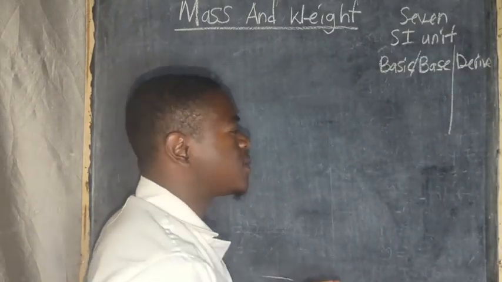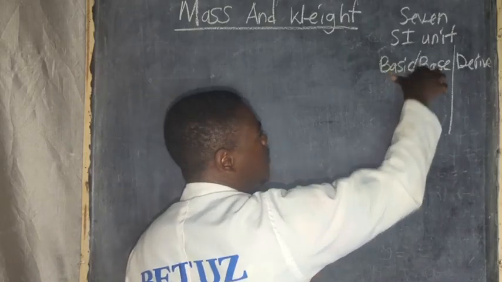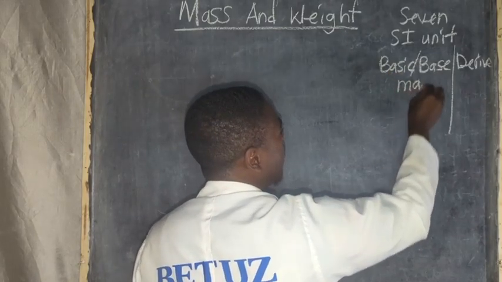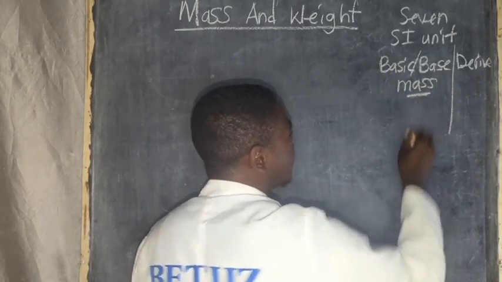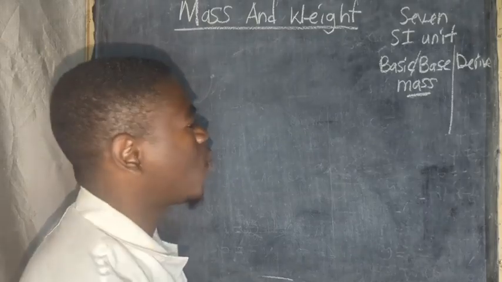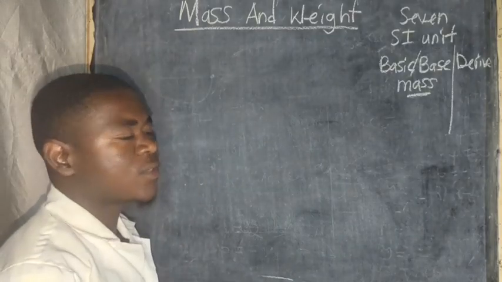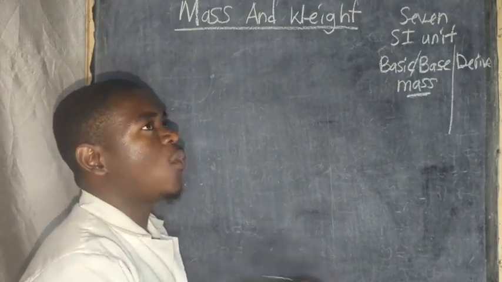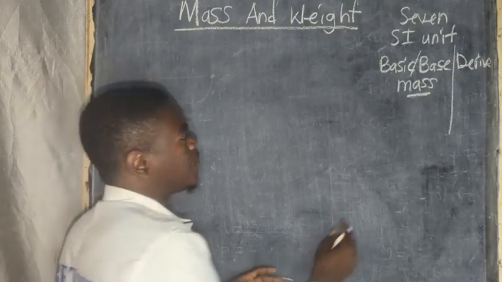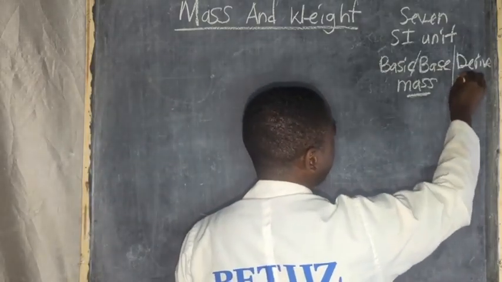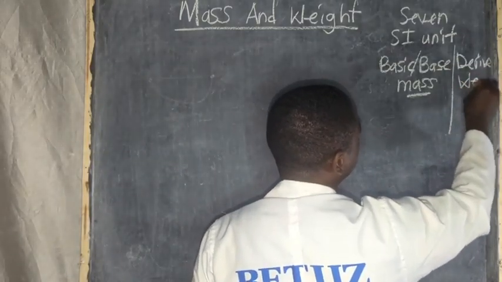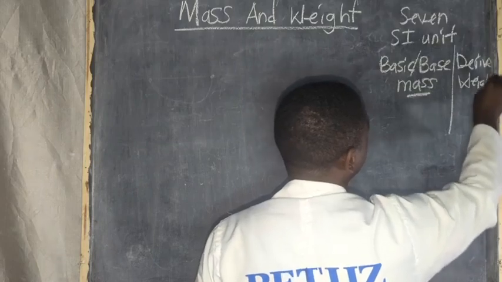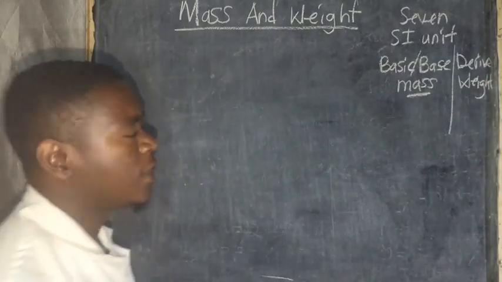Amongst the basic quantities, there is what we call mass. Mass is a basic physical quantity. But when we are talking about a derived quantity, weight is a good example.